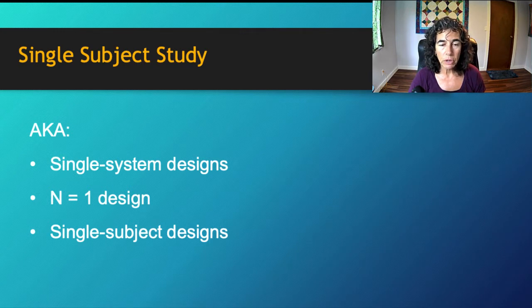Researchers measure the metric of interest before introducing the experimental factor, and they get a kind of a control or a baseline, right? And then they measure the metric of interest after introducing the independent variable or the experimental factor, and then they see what happens.